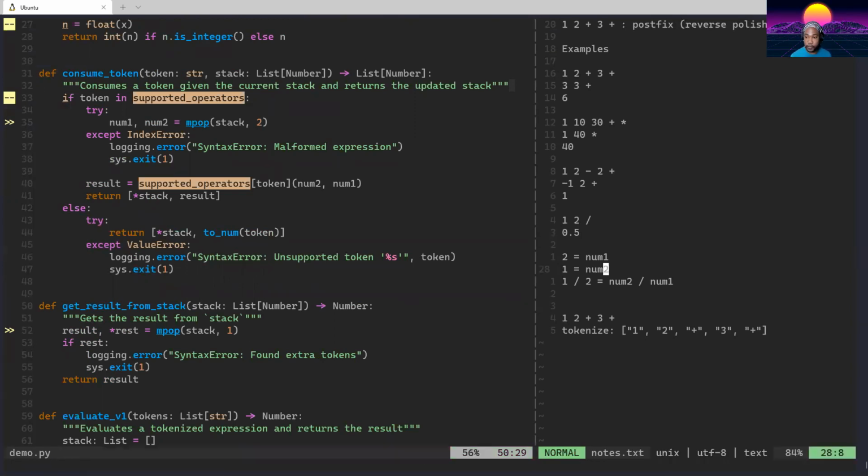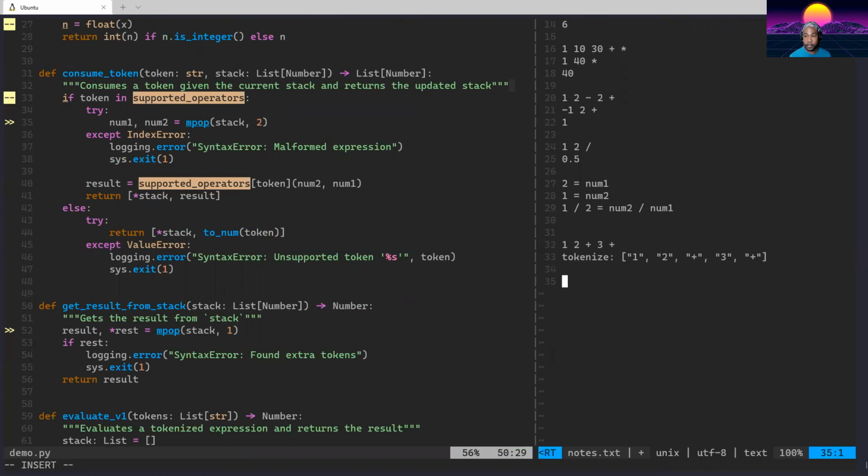And what would be an example of that? Let's say we had 1, 2, and there we go. That might be it. So here we would reduce this to 3, and then we would add 3 onto the stack.